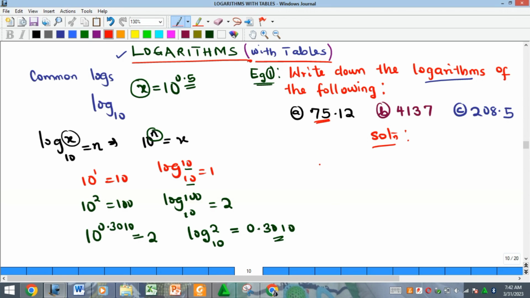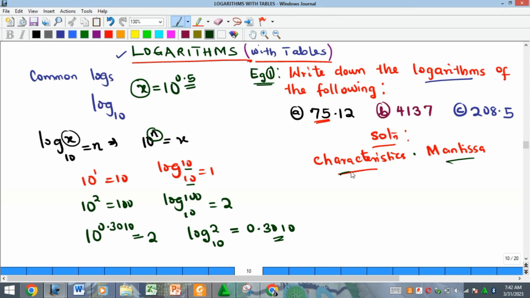You need to get the characteristic for your log, and you need to get the mantissa part. Your logarithm will usually give you a decimal number. The characteristic is the whole number part, while the mantissa is the decimal part, that's the part after the decimal point.